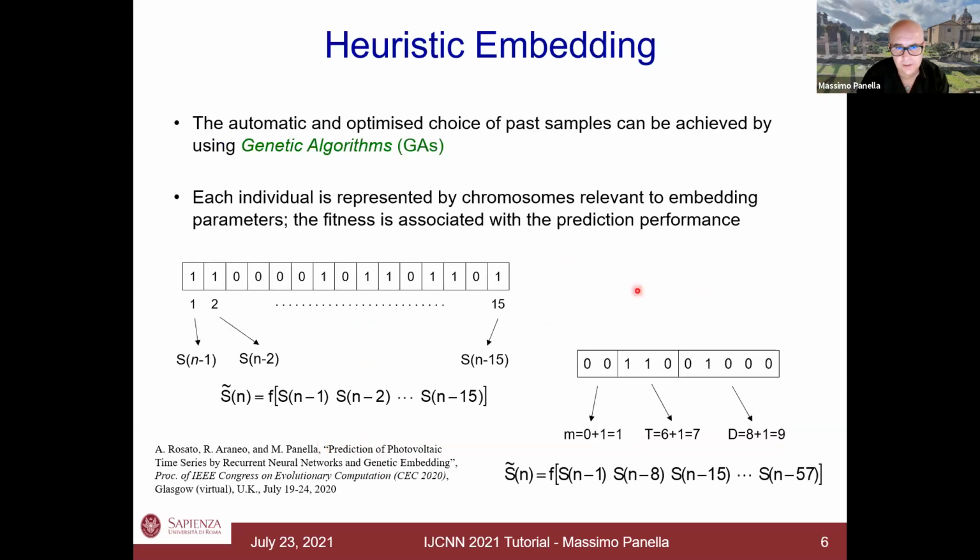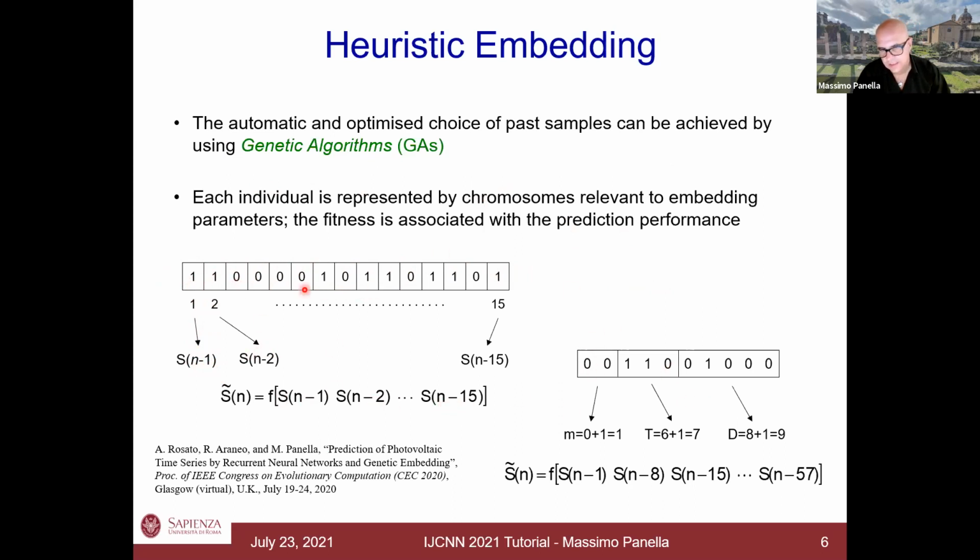For example, this is a way how heuristic embedding based on genetic algorithms can be adopted, where a chromosome representing an individual, so a possible solution for embedding, is a binary string, where 1 means that the best sample returned in first position means n-1, so the precedent samples, and 0, these samples are not used.